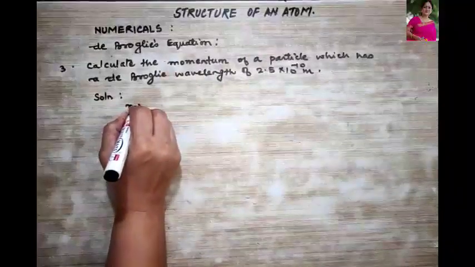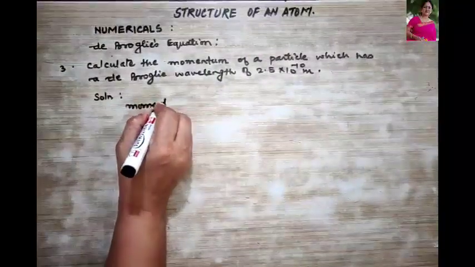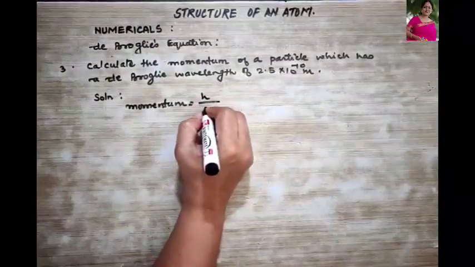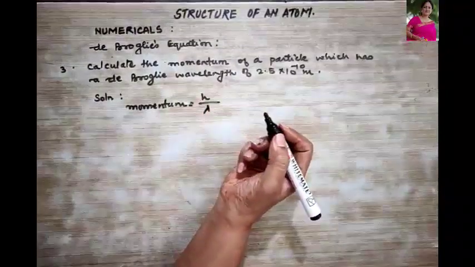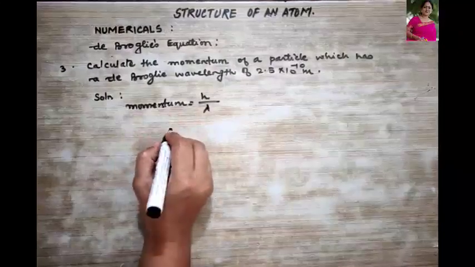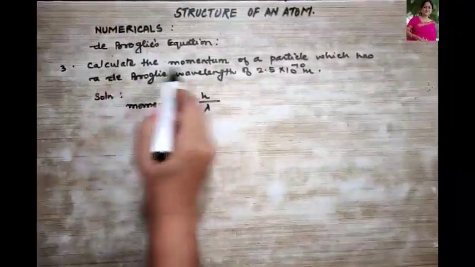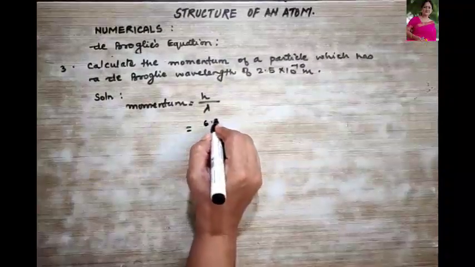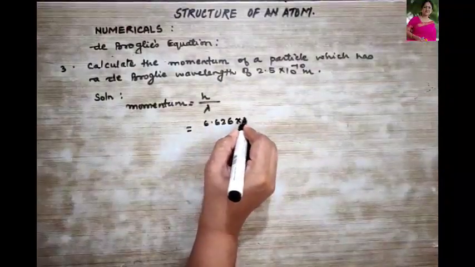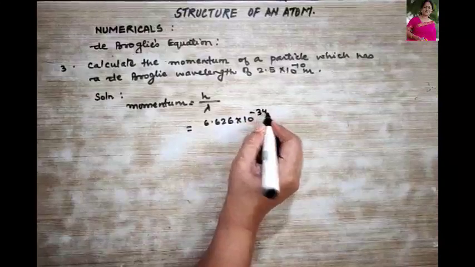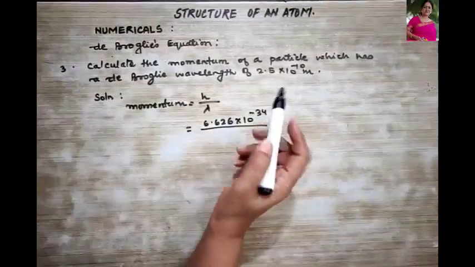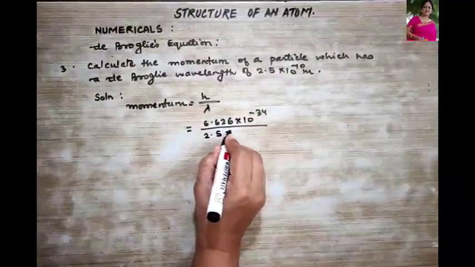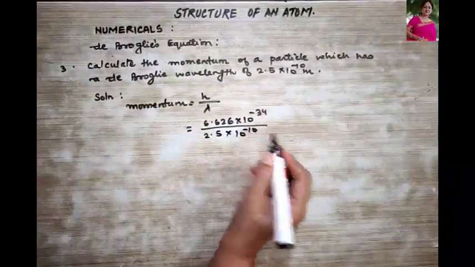We know momentum, that is P, we had studied yesterday, is equal to Planck's constant upon wavelength. Okay, so let's go ahead, calculate the momentum. So 6.626 into 10 to the power minus 34 upon what is the wavelength given to you, de Broglie's wavelength, 2.5 into 10 to the power minus 10.